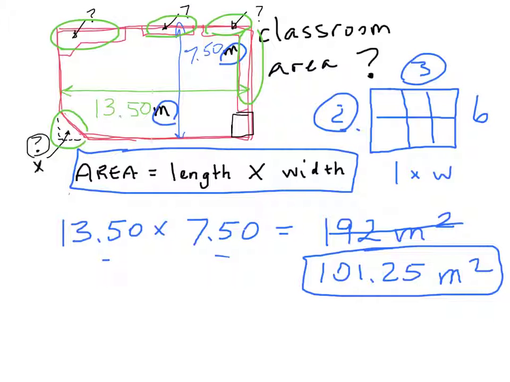So what we do know is that we need to subtract the areas covered, right? I'm going to write this down, because if this was my math problem on an assessment being handed in, I would want my teacher or whoever is marking it to know that I still have to subtract the areas that are covered up by the other items.